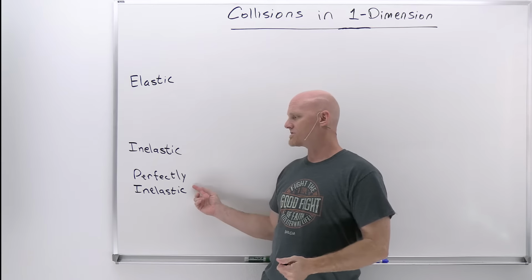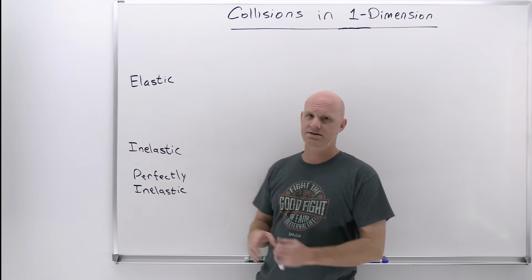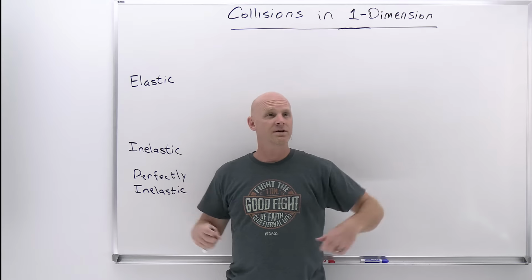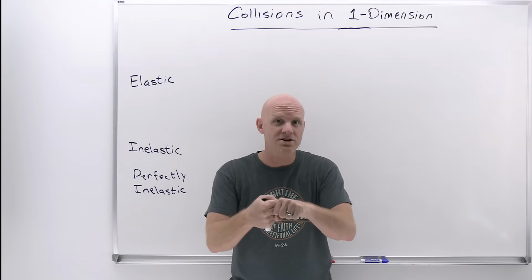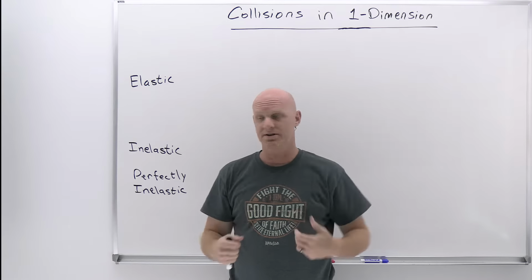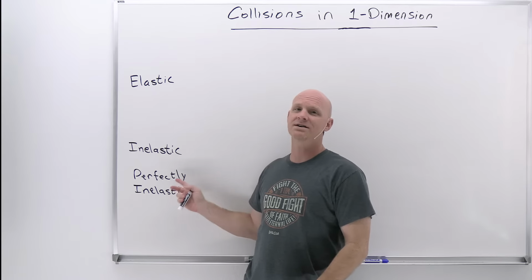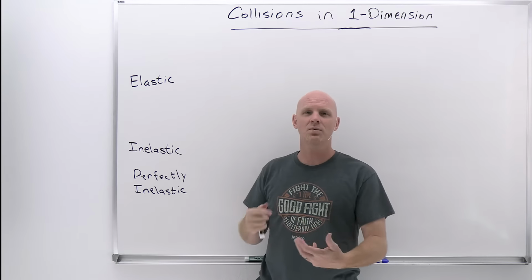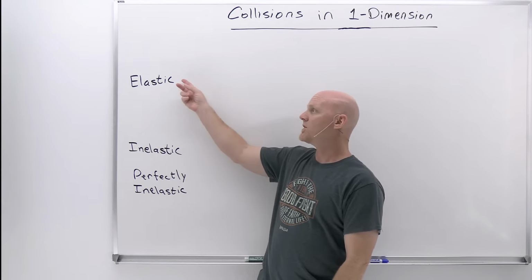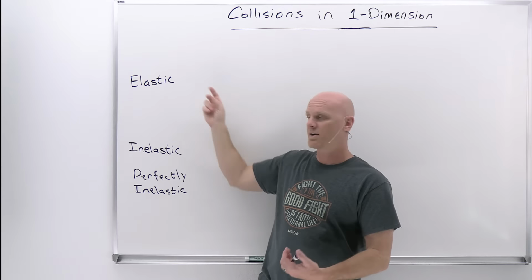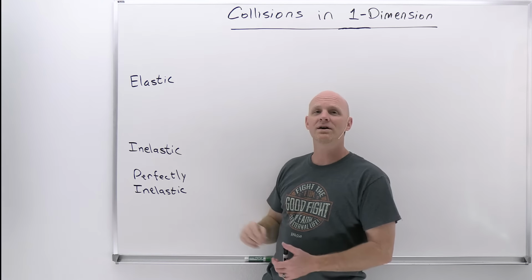At the other end of the spectrum, perfectly inelastic, not only do they have a propensity to stick together, they absolutely stick together after the collision and then move together after the collision. And then plain old inelastic is somewhere in between. They don't stick together completely after the collision, but they don't have no propensity to stick together whatsoever either.